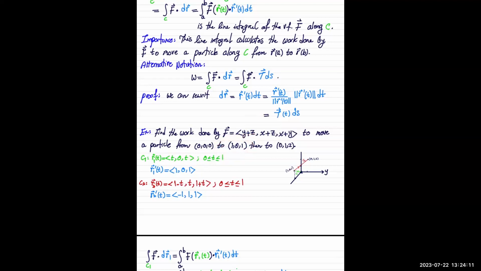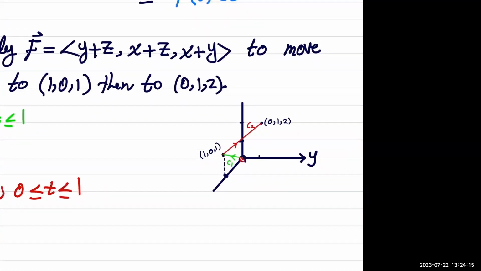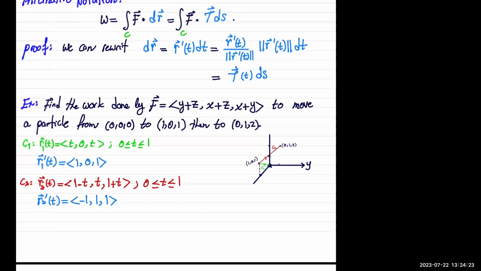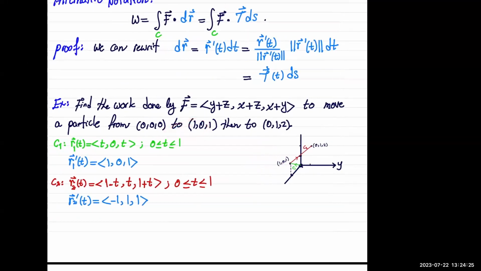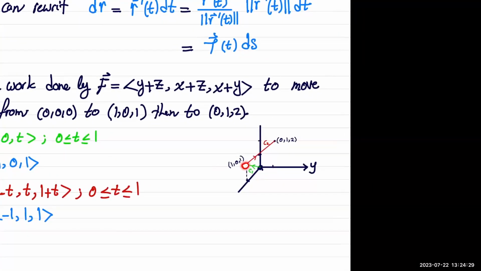Let me see, I have done some drawing here for you. So here's the origin. We want to go from the origin to the point 1, 0, 1. Then from this location to a new location, which is 0, 1, 2. So the path consists of two paths.